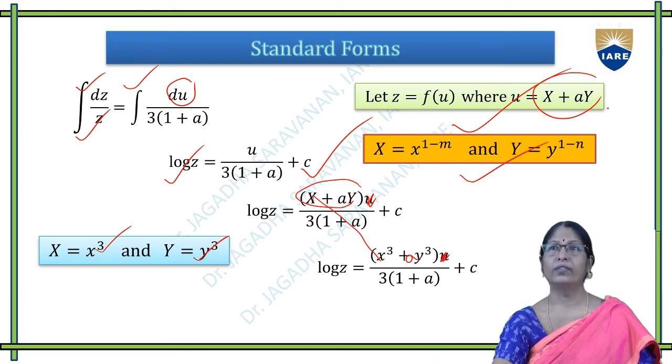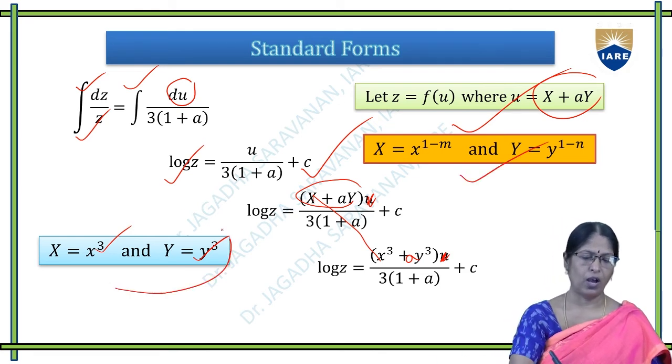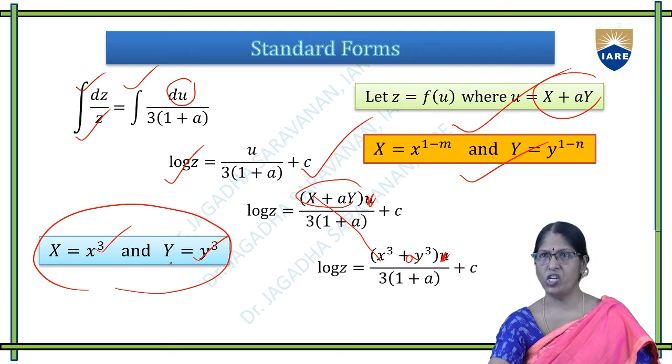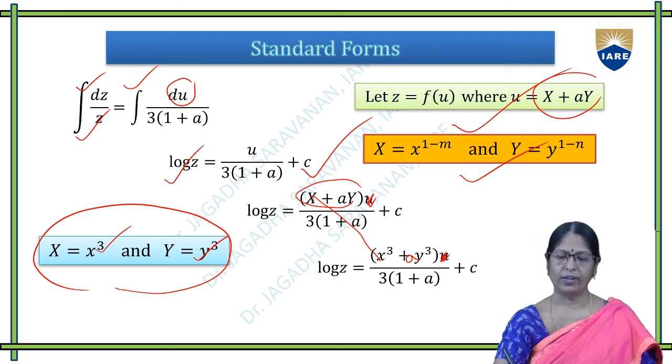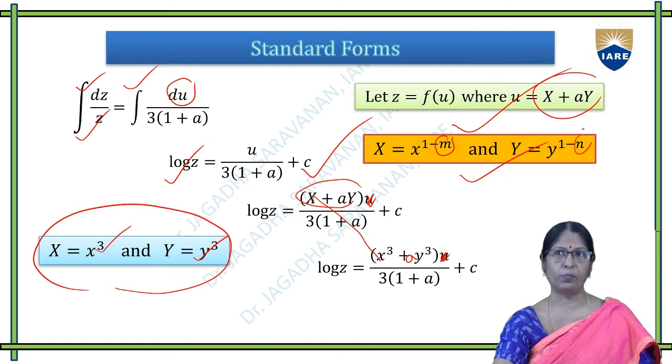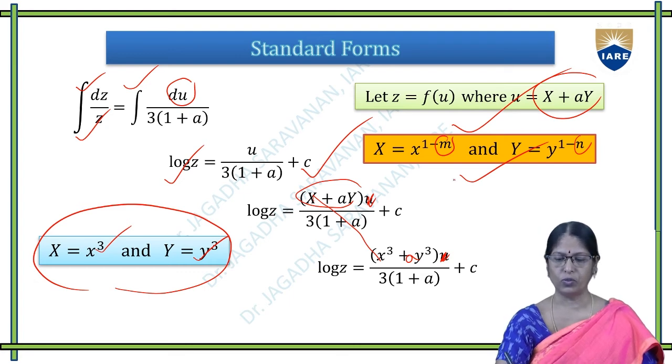This is the step, how we obtained it. Initially we have taken, according to our equation, the second problem what we are discussing, m and n, they played a role of -2. That is according to standard form 5, if they are not equal to 1, the condition is this one.